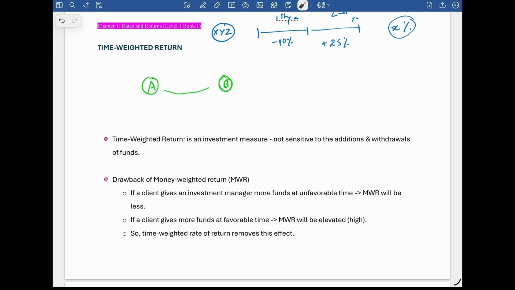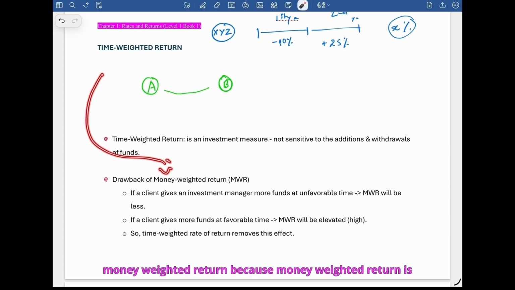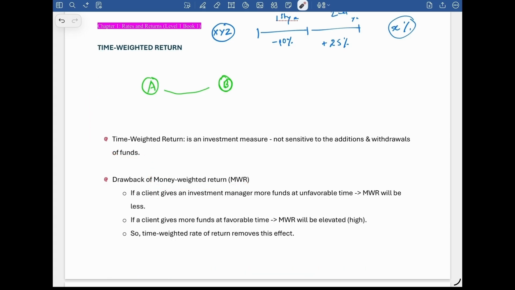all the investors and portfolio managers are more interested in time weighted return rather than money weighted return, because money weighted return is useful for a particular individual when he or she wants to know his or her return because of her actions of addition and withdrawal of funds.